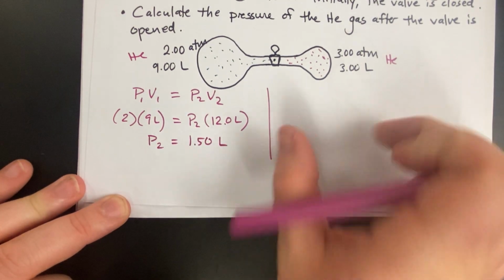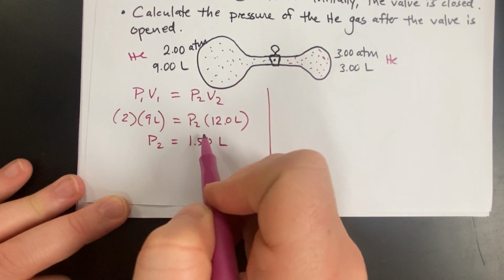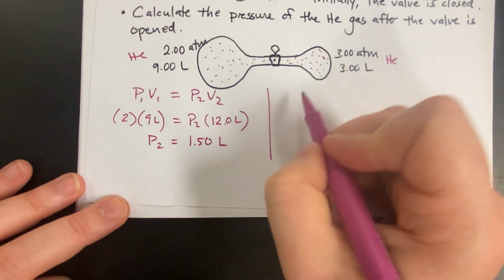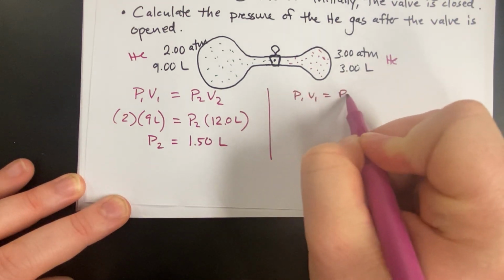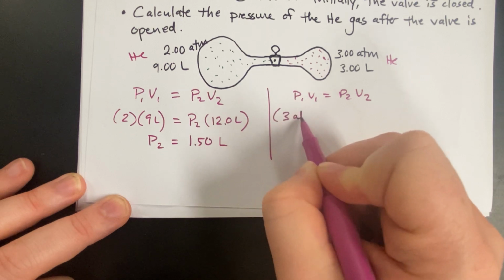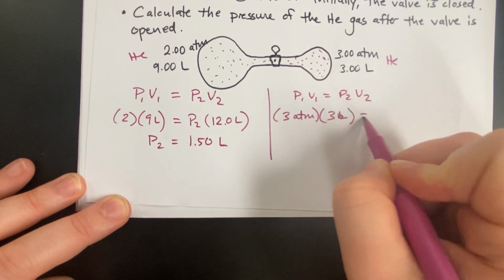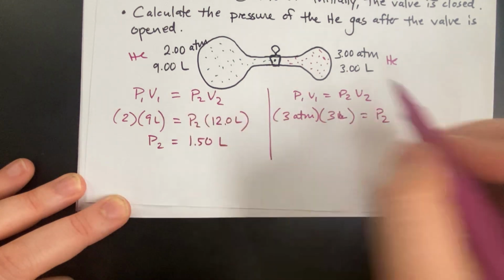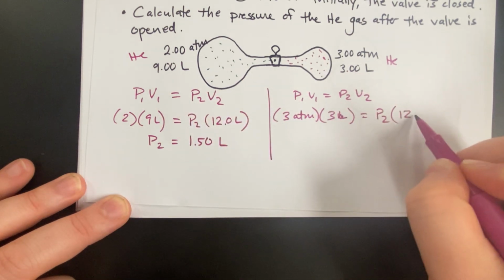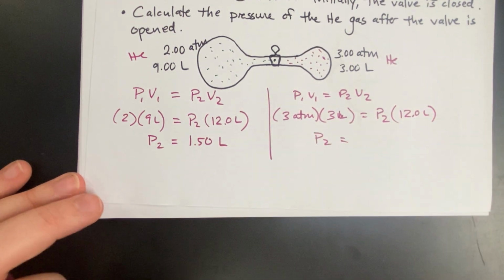We're gonna do the same thing over here. So this is the new pressure. Once this opens and the green one moves over, that's its new pressure. Let's do the same here, okay? P1V1 is equal to P2V2. Initial pressure is 3, volume is also 3. We're solving for the new pressure once it opens. We know the volume is 12 liters. Solve for your pressure.